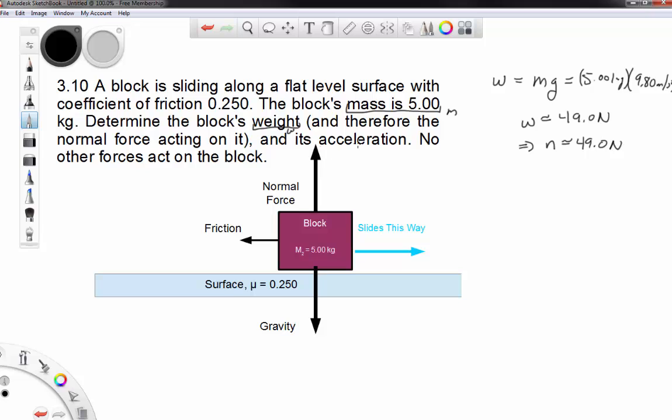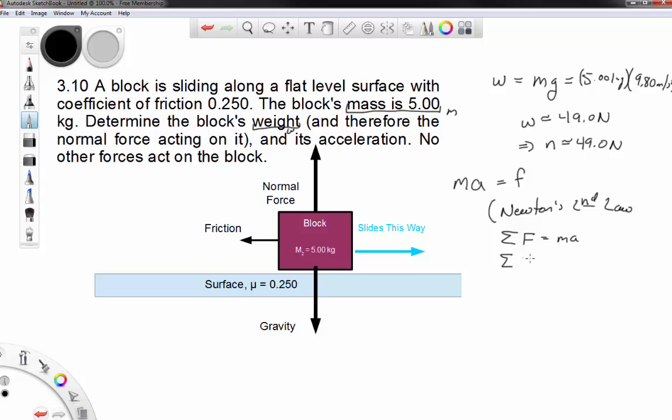So now we're looking for what's the acceleration. Well, the acceleration times the mass should be equal to the force of friction. That comes from Newton's second law, which says that the sum of forces is the mass times the acceleration.